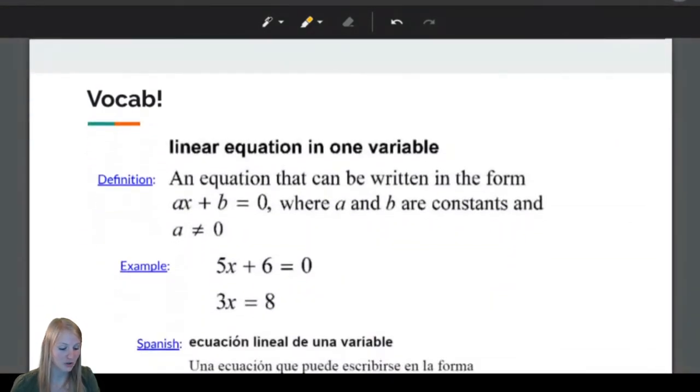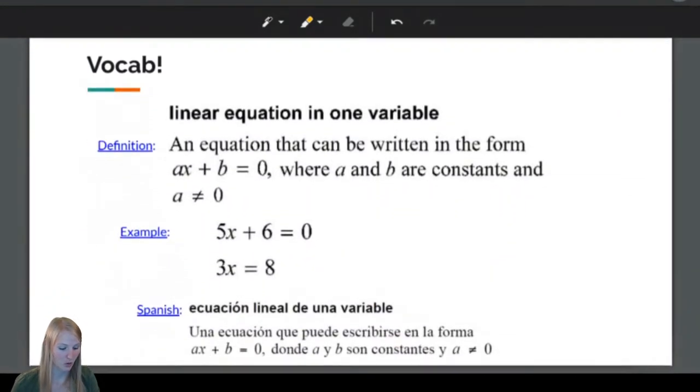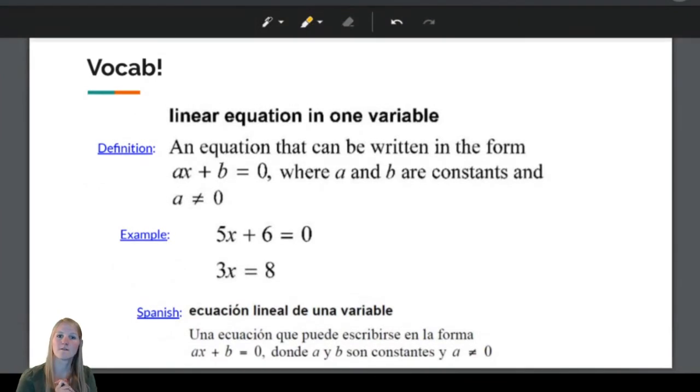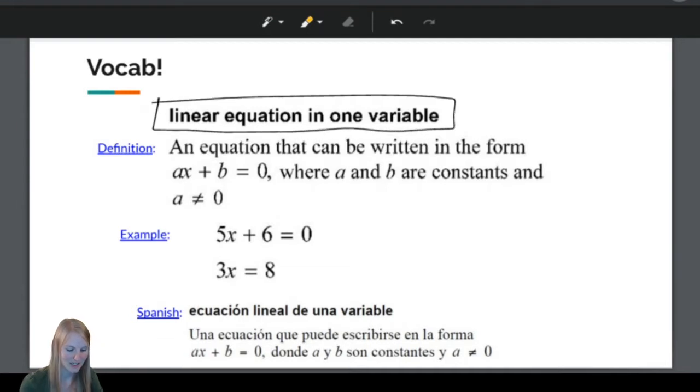So before we solve linear equations, we need some vocab. So the first vocab word we're going to talk about is linear equation in one variable. The definition of a linear equation in one variable is an equation that can be written in this form where a and b are constants.